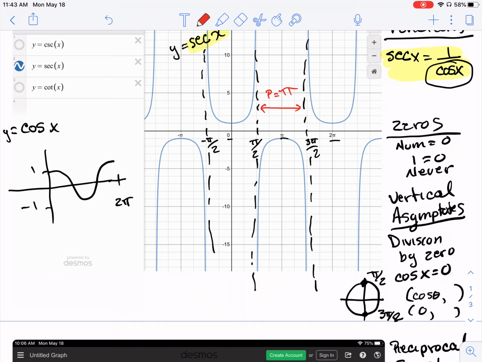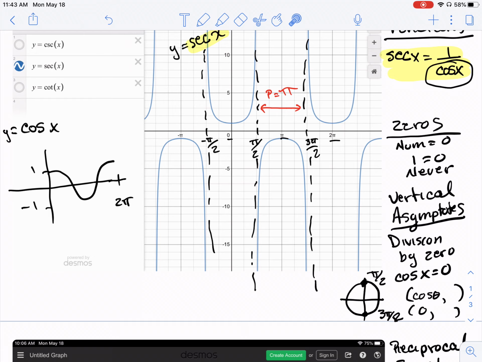Now I sketched over here on the left side a quick sketch of cosine, because secant is the reciprocal function that goes with cosine. And when you go to sketch this secant graph, you can see these little U-shapes, I call them UFOs, that's not a math term, have vertical asymptotes.